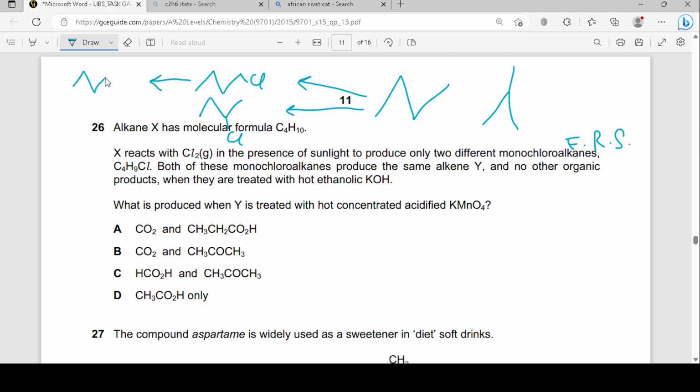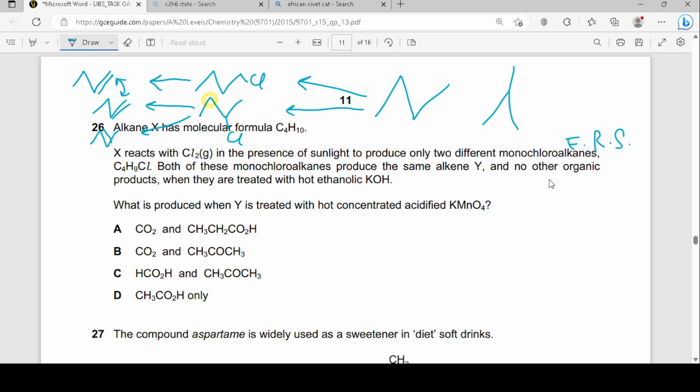This one would give me this alkene, whereas this one would actually give me two alkenes. This is one of them, which is same as this one, okay? And the other one is if this Cl is lost and the H on this carbon atom is lost, okay, so then I would get this alkene.